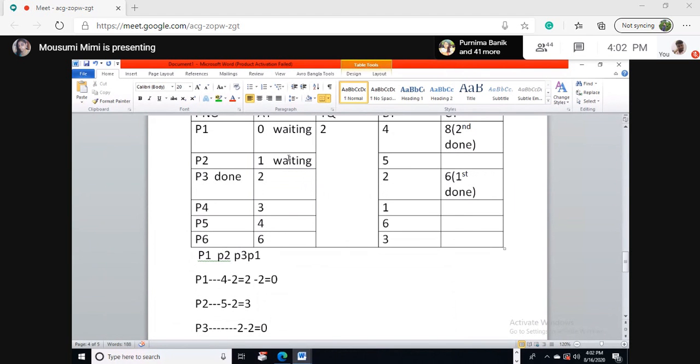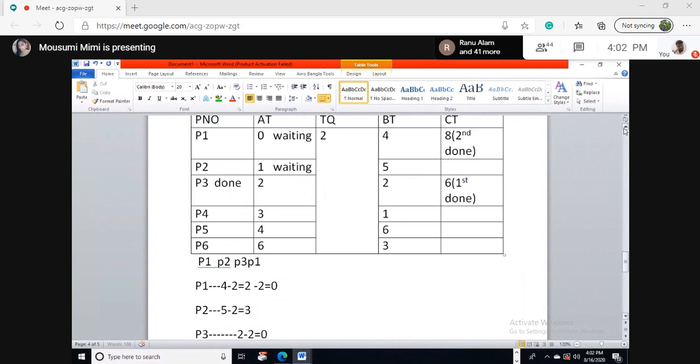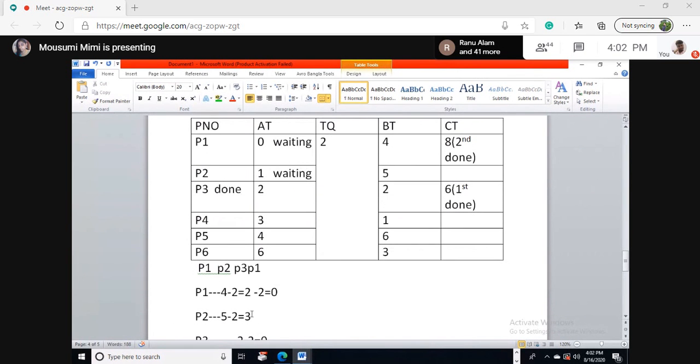Now look at process 2, process 4, 5 and 6. Now look at the burst time of each of them. Process 2 remaining burst time is 3.